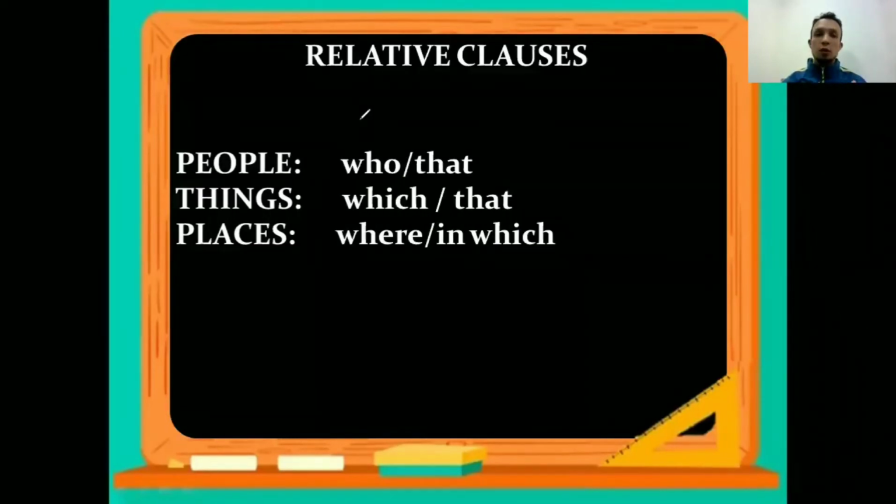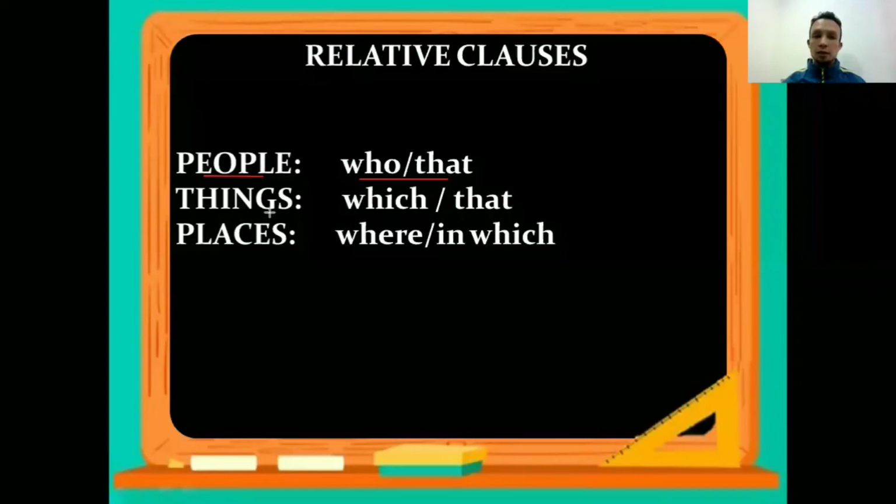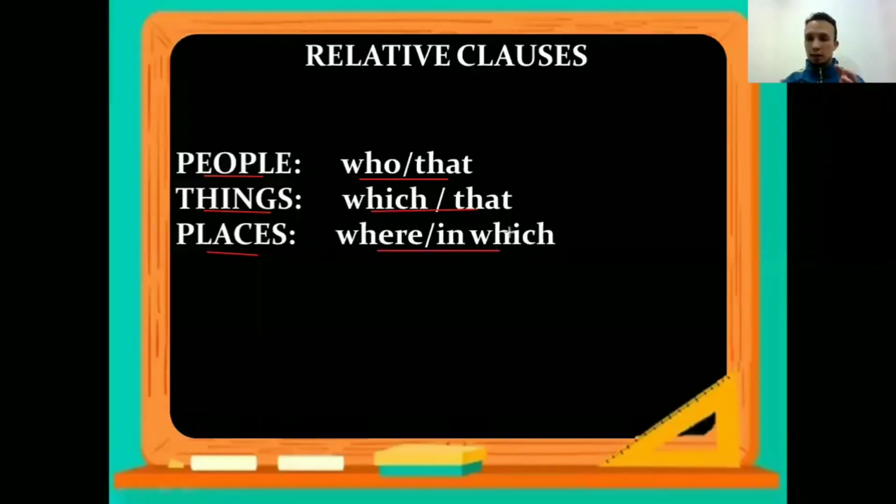Generally, when we're talking about people, the words that we use in order to connect sentences are going to be who or that. When we're talking about things or objects in general, the word that we use to connect those ideas is going to be which or that again. When we're talking about places, we can use where or in which in order to connect ideas. There are many more connectors.